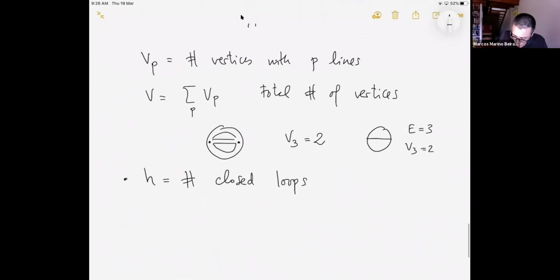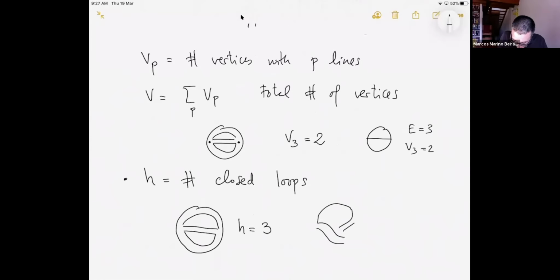For this diagram, H is equal to 3. But for that diagram that we drew before, H is equal to 1.